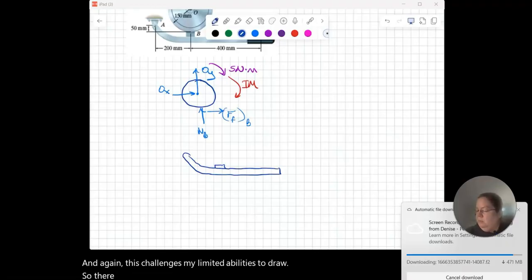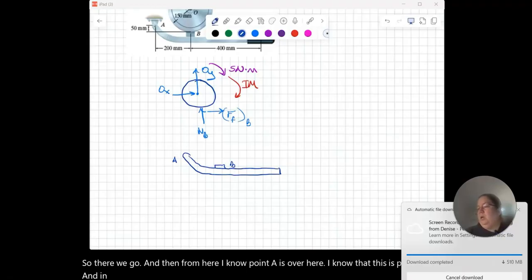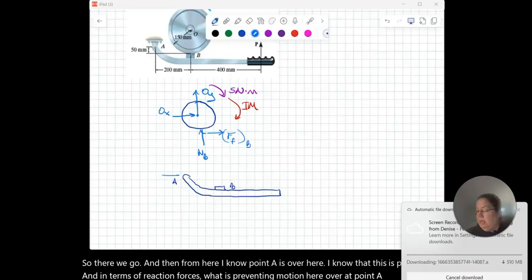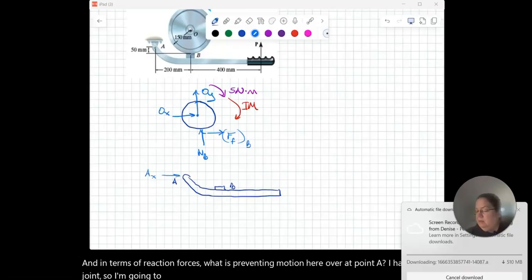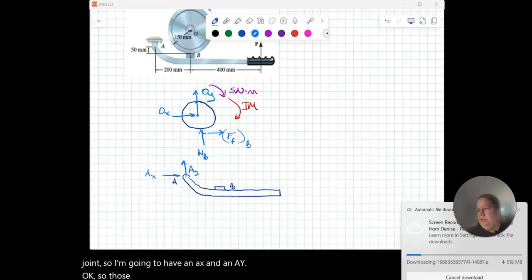From here, I know point A is over here, and this is point B. And in terms of reaction forces, what is preventing motion here? Over at point A, I have a pin joint, so I'm going to have an AX and an AY.